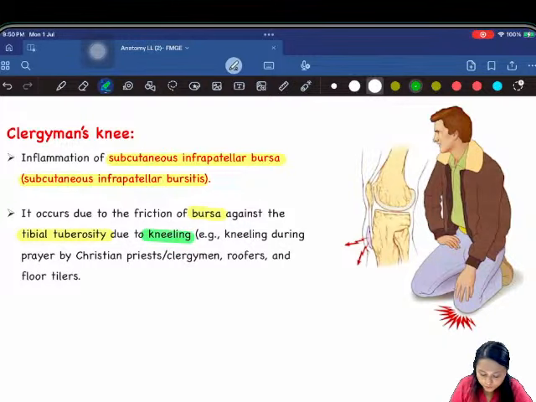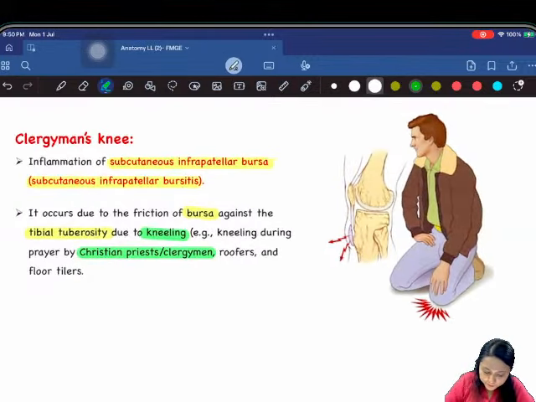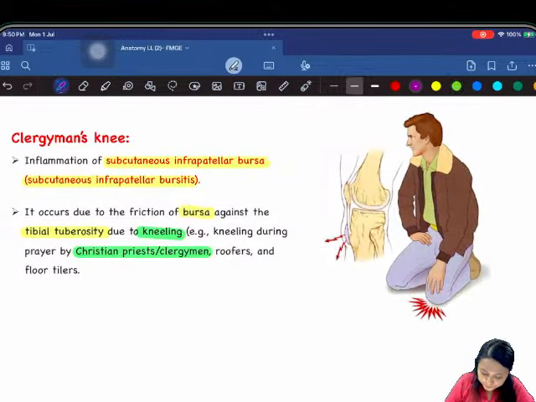Okay, so you have seen the Christian priest or the clergyman, you have seen how all the Christians, you know, they just kneel down and they pray. So if you kneel down for a long time while praying to God, then the subcutaneous infrapatellar bursa will be rubbed against the tibial tuberosity. So that is known as your clergyman's knee.